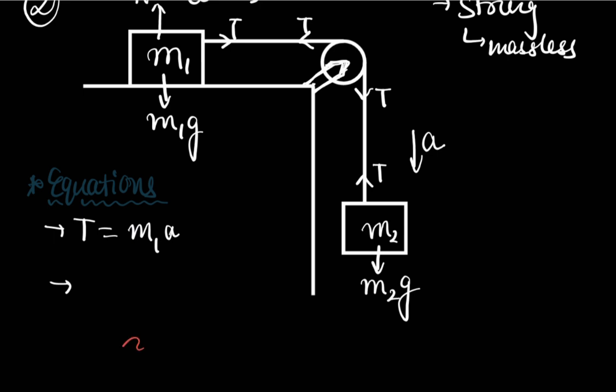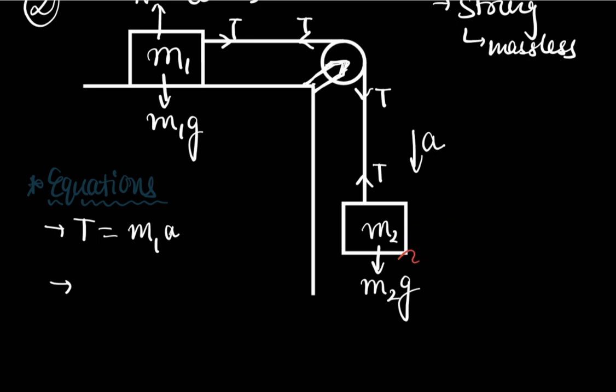Now here we can see that the tension is acting upwards and the gravitational force on the block is acting downwards, and the net acceleration is also downwards.